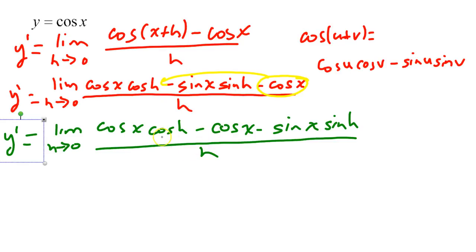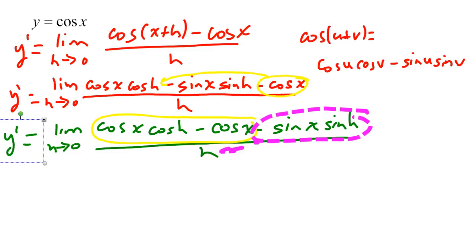Now, the next thing, I know that as fractions work, since every term is being divided by h, I can split this up into 3 fractions if I wanted to, correct? I can also split it up into 2 fractions. I'm going to take these first 2 terms, make those the numerator over h, and then take this last term and put it over h as well.